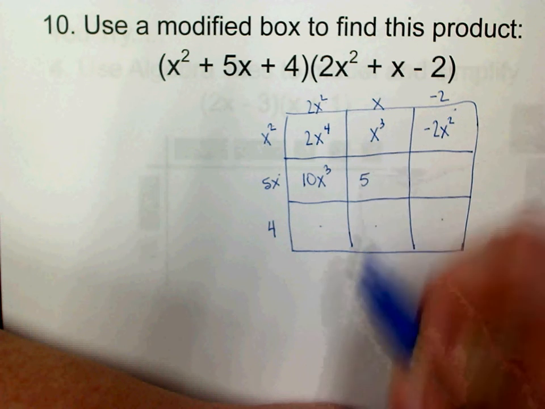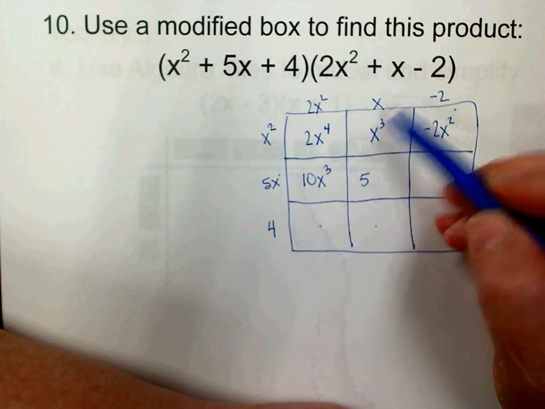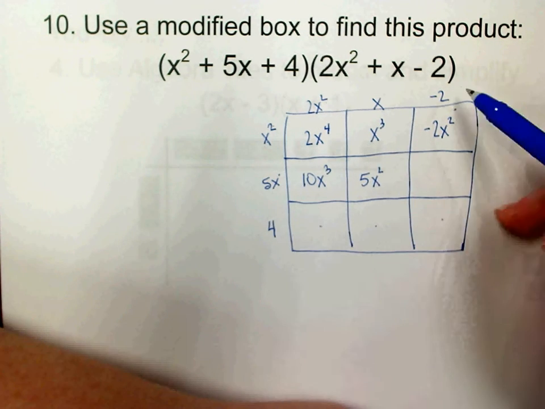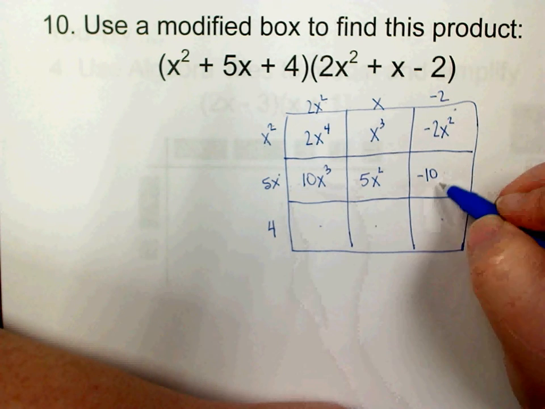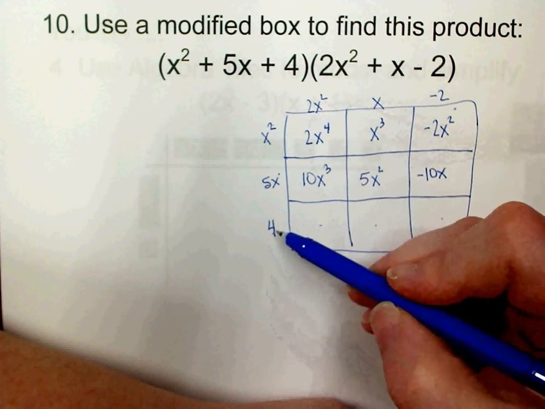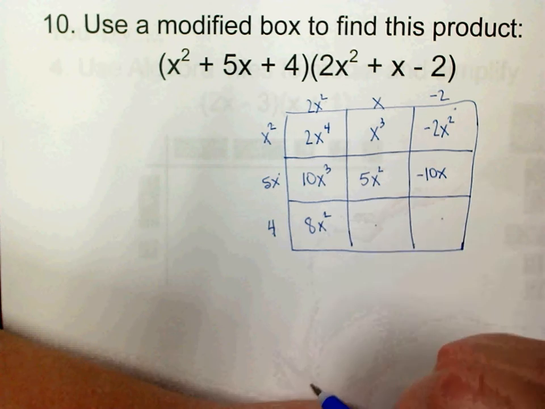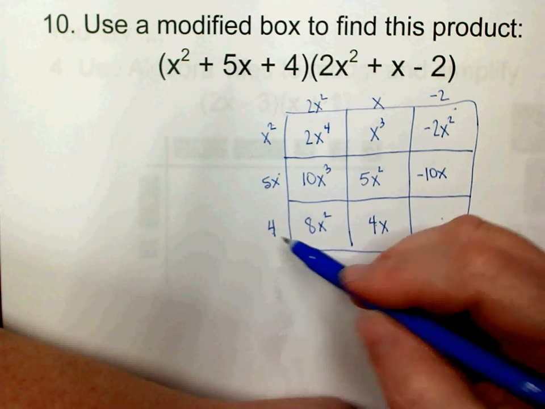When I add those understood exponents of 1s together, that gives me an x to the second. 5x times negative 2, 5 times negative 2 is negative 10, and then we have that x. Here we have 4 times 2x squared, 4 times 2 is 8, and then we have that x squared. 4 times x is just 4x, and 4 times negative 2 is negative 8.